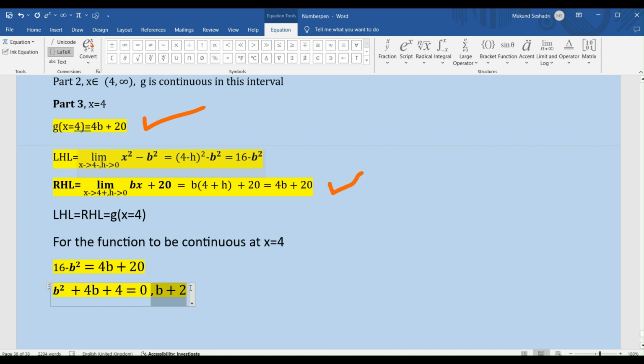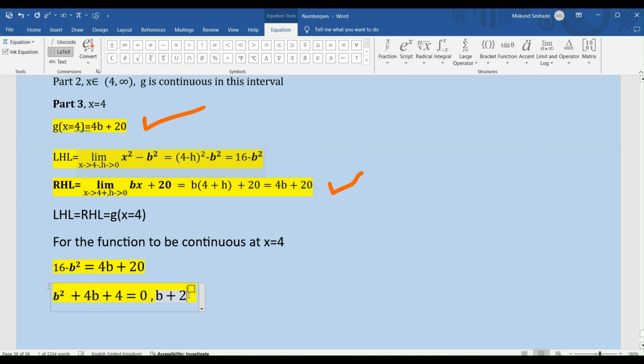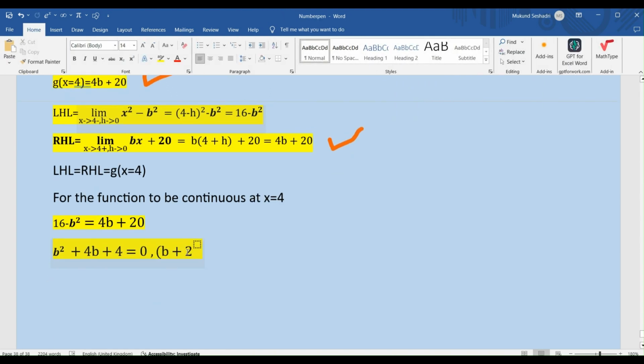Because I have a plus b the whole squared equals a squared plus b squared plus 2ab. So let me write that out. Let me bracket this first. And I have this equal to 0, which means I solve for my b. My b is equal to minus 2. So for the function to be continuous in the interval minus infinity to plus infinity, we need to have b equals minus 2, right?